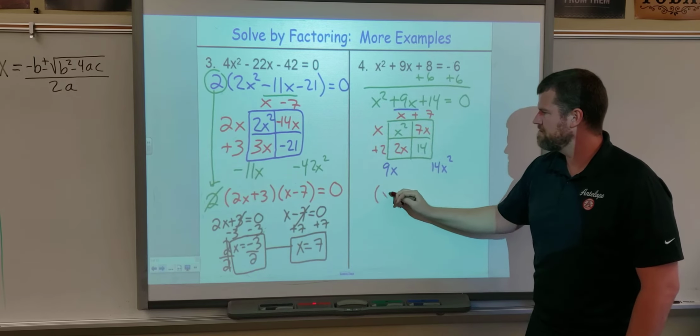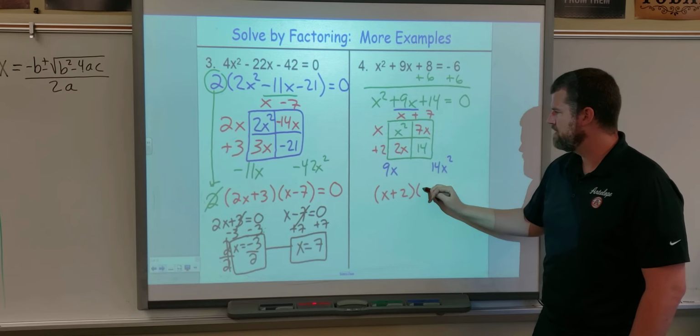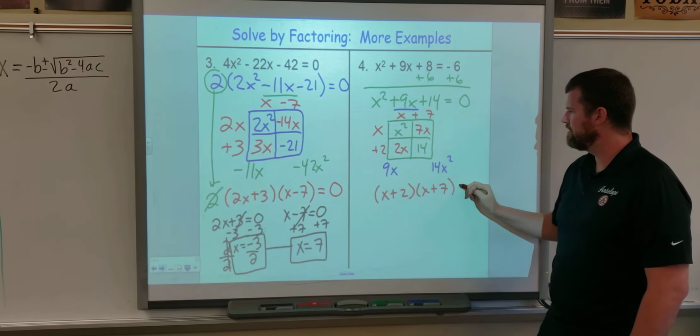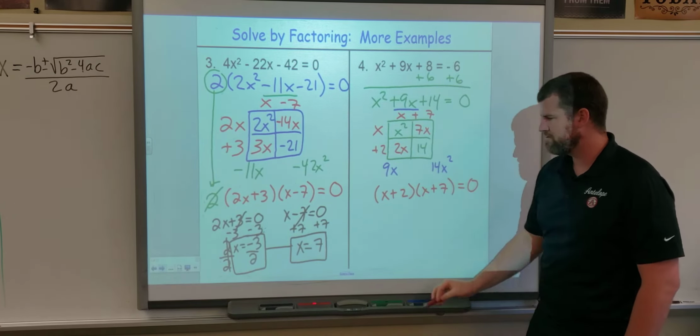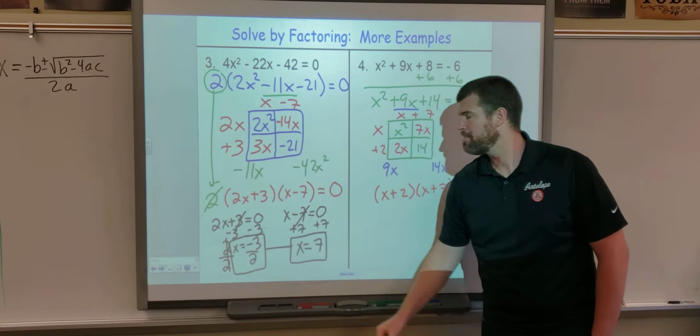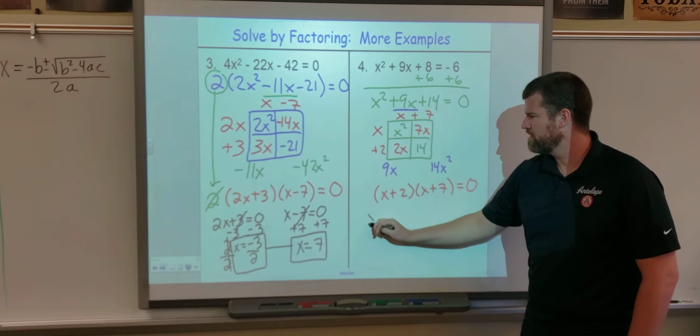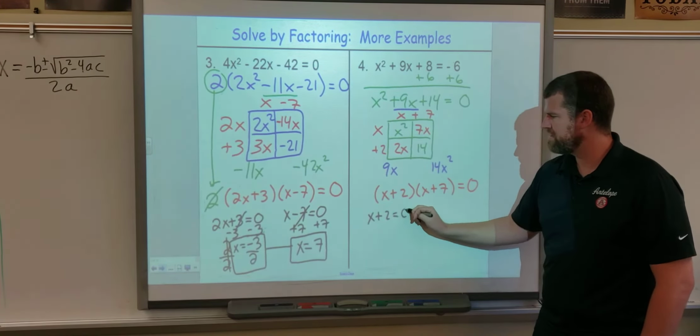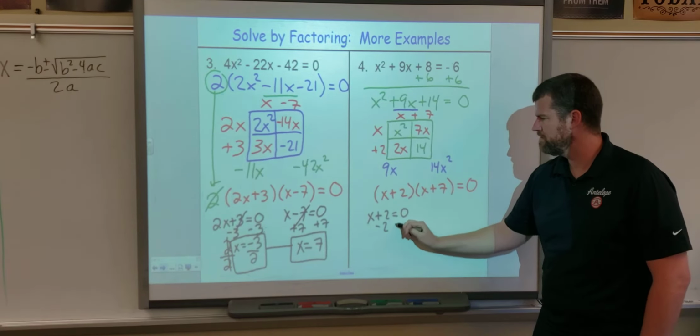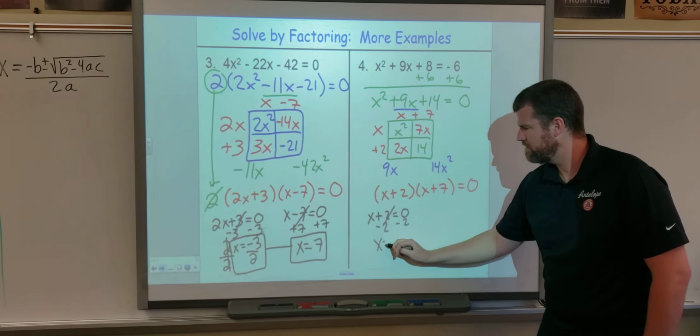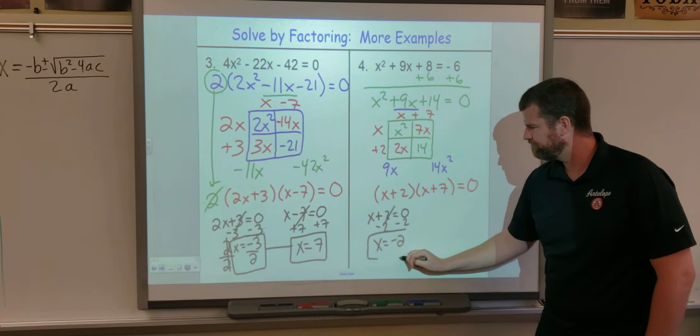So our factors, x plus 2, x plus 7, set it equal to 0, which is our reminder that we still need to solve it. So I set each factor equal to 0, solve it, x equals negative 2.